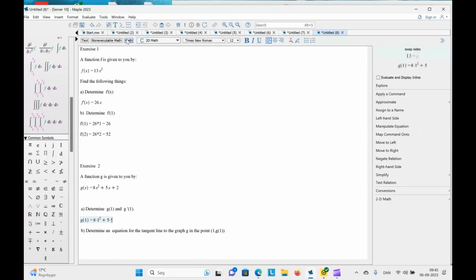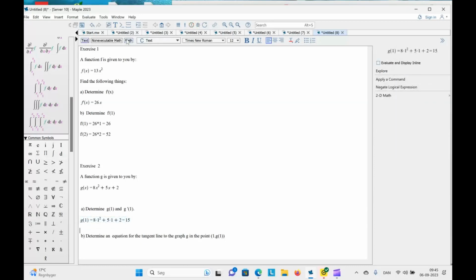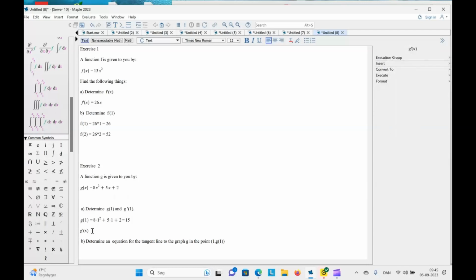Plus 5 plus 1 plus 2, which is 15. Sorry, I'm a bit slow. I guess it's pretty straightforward, but if you are getting started by learning all these functions and stuff like that, yeah.